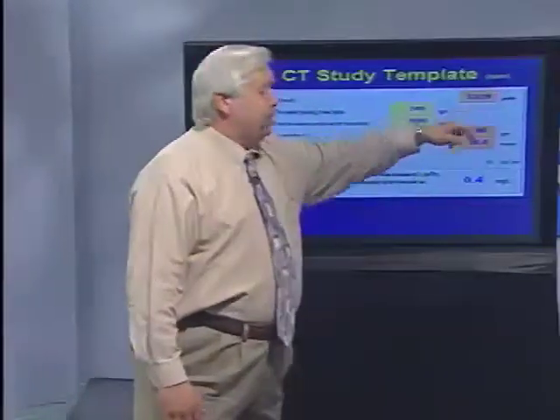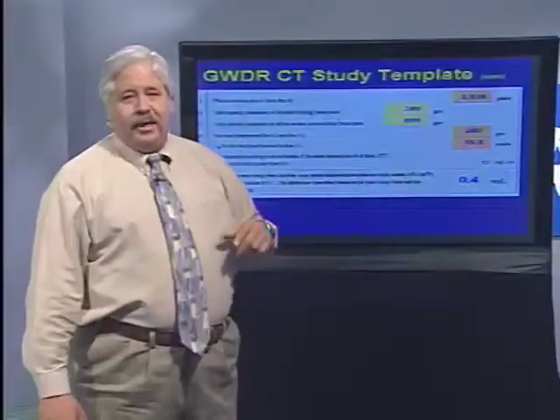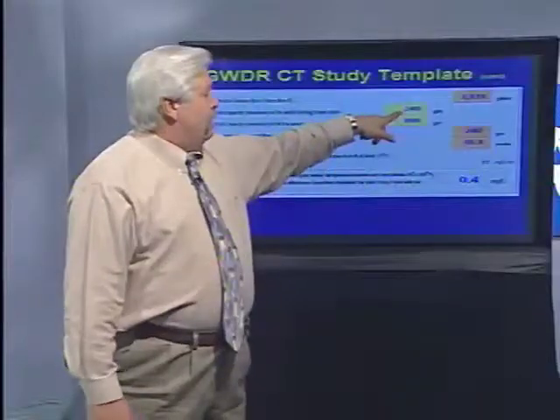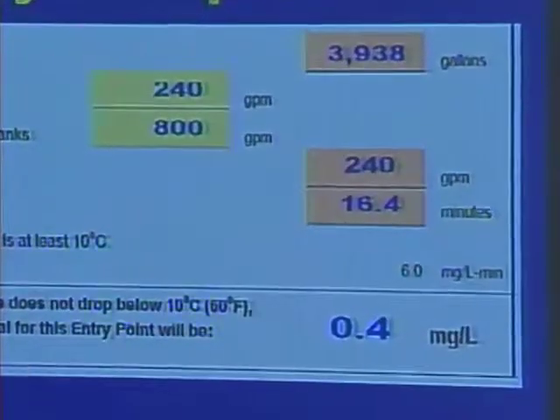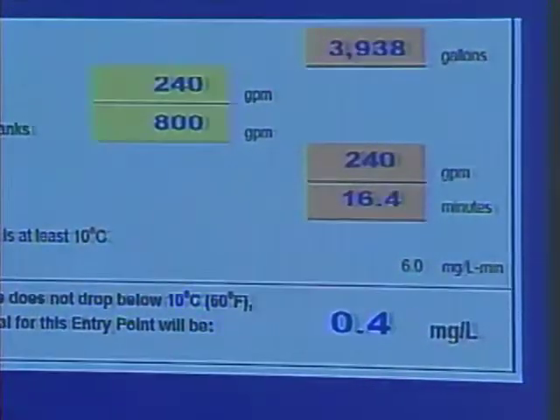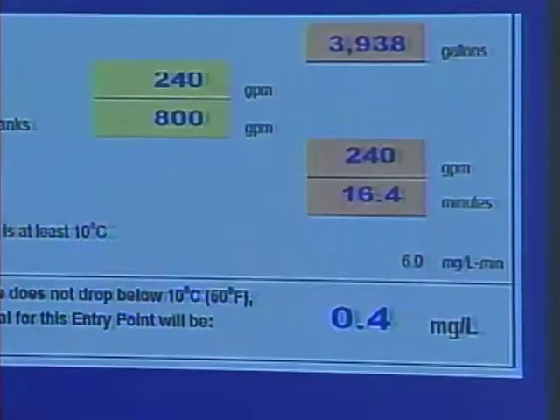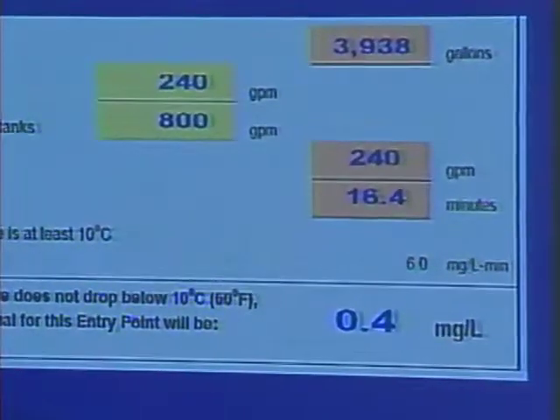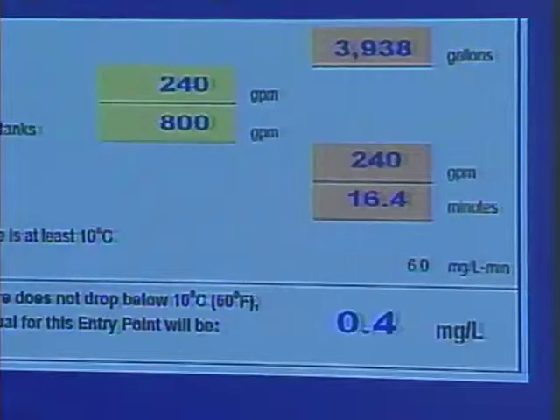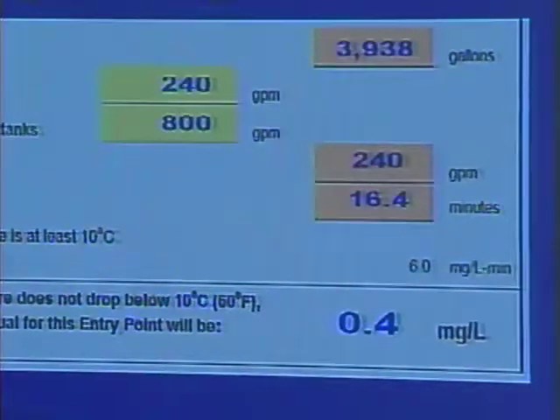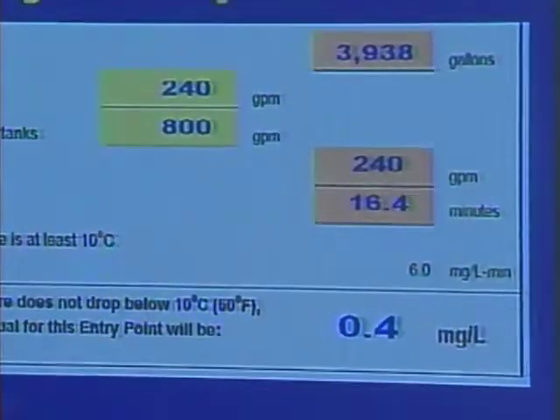Remember we had 3938 of effective capacity? We've got 2 wells at this site. One well pumps 192 gallons per minute and one well pumps 58 gallons per minute for a total of 240, and at this plant both wells run simultaneously. This plant has 2 400-gallon per minute service pumps.